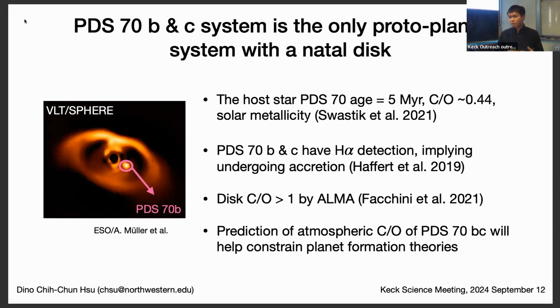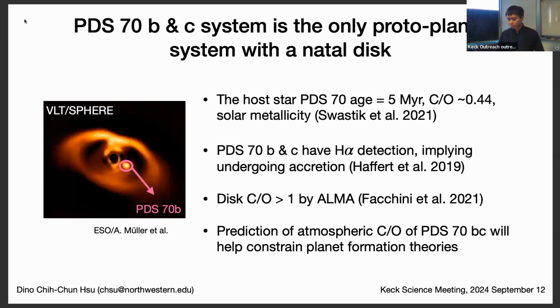Both b and c are detected with H alpha emission, which means there's ongoing accretion around these 2 planets. And from ALMA, we know that the disk C-to-O ratio is more than 1.